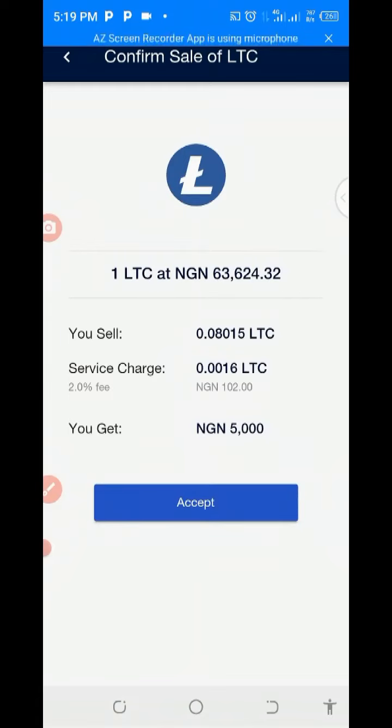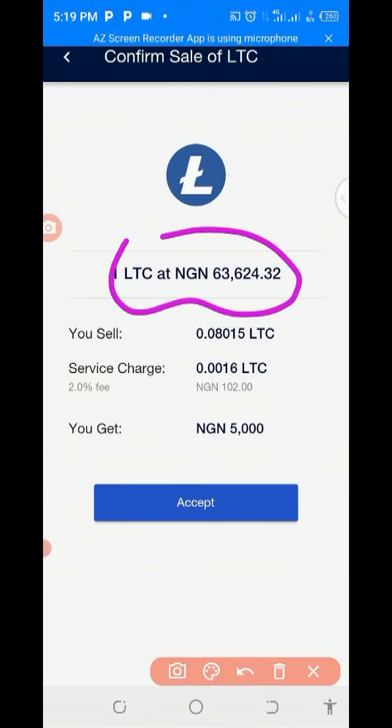As you can see here now, currently we have 63,624 naira 32 kobo per Litecoin. This is the amount of one Litecoin, and I want to sell 0.08015 Litecoin.